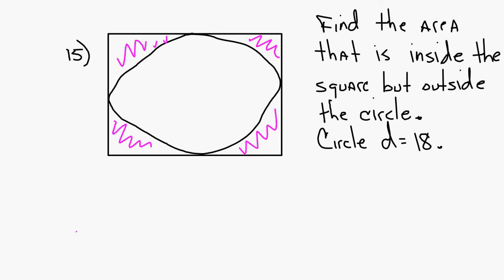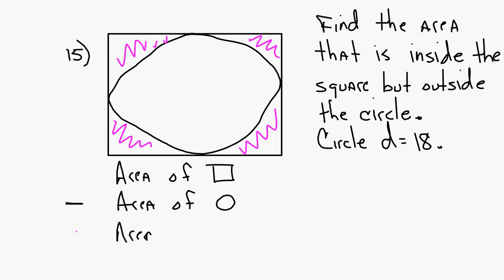So look what you do here. Wouldn't the area of the square minus the area of the circle, if you took the area of the square and subtracted the area of the circle, wouldn't that leave you the area of the shaded?